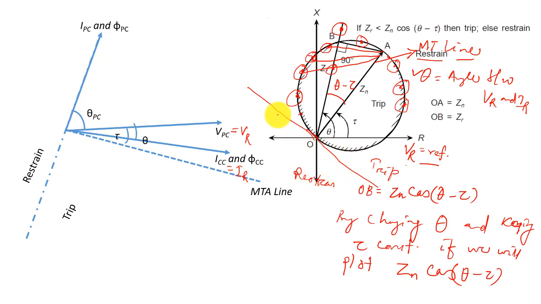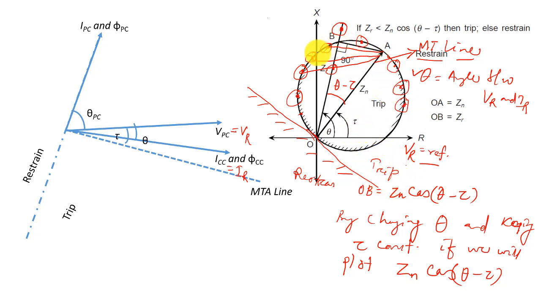So you can see here, considering the directional property, your whole operating characteristic is lying in the trip region of the directional element.